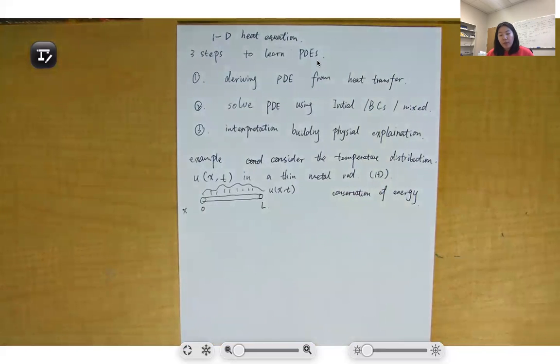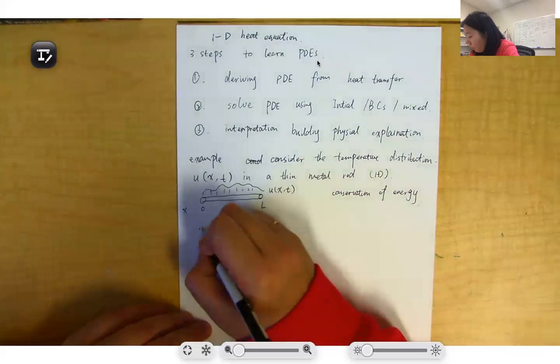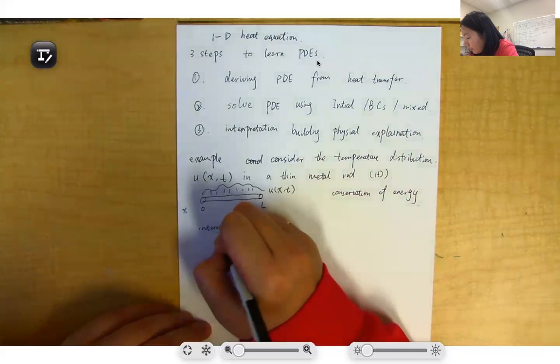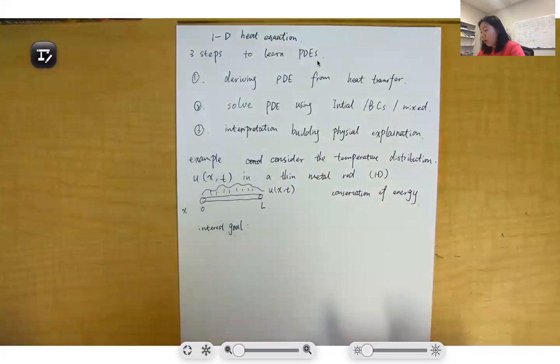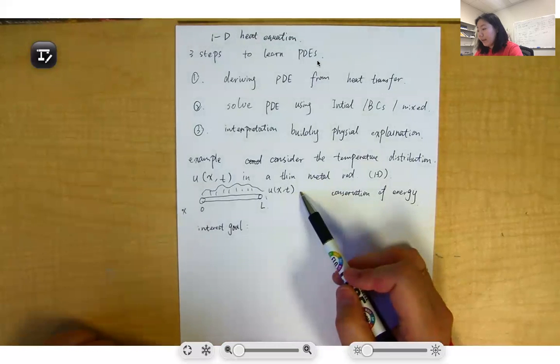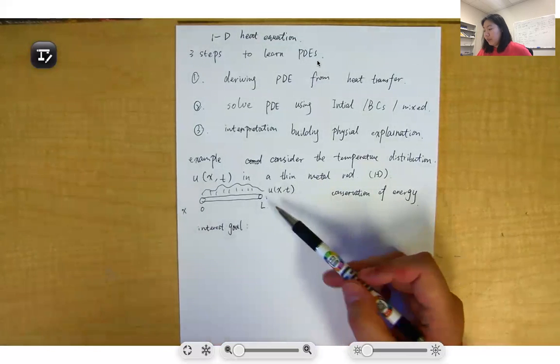For this system, we have to think about our goal first, then build the conservation of energy to achieve our goal in the end. So what we are interested in, we want to know what this u(x,t) is. We want to know the solution u(x,t).